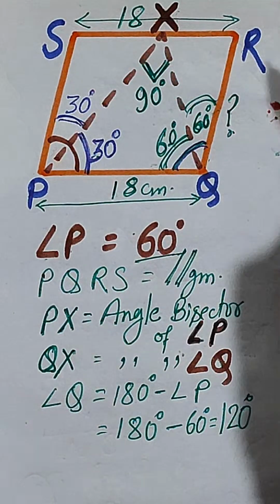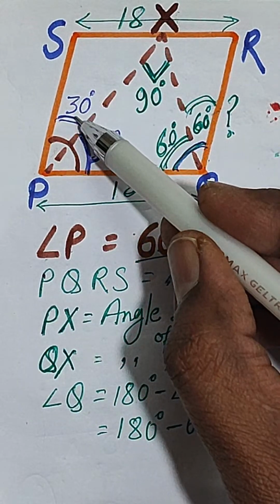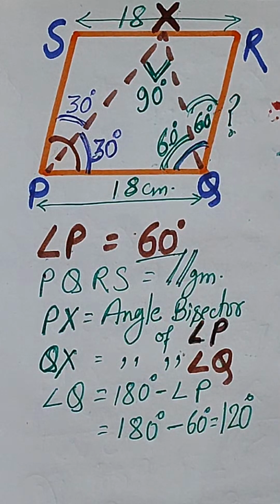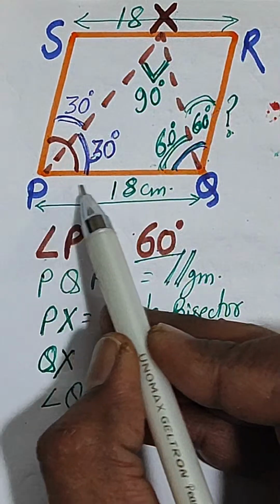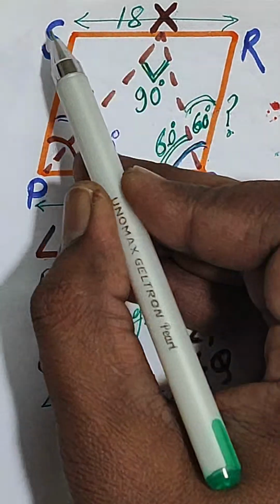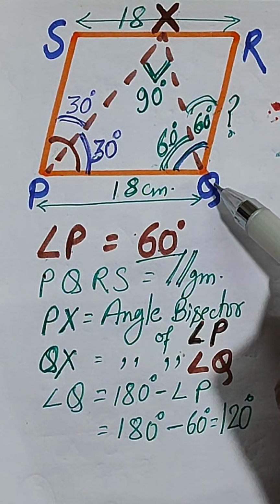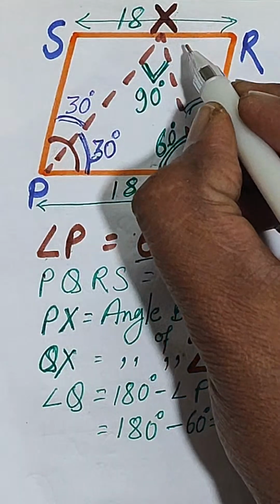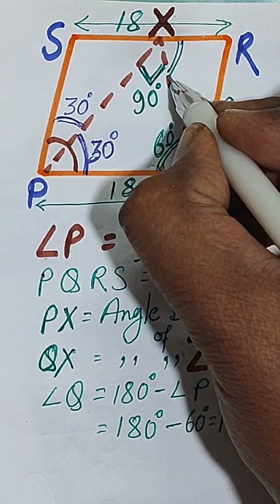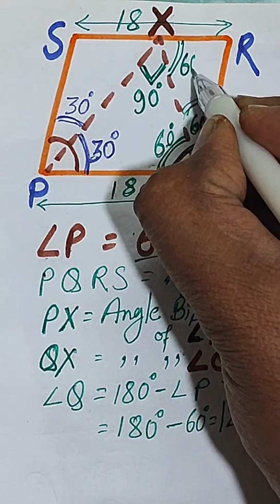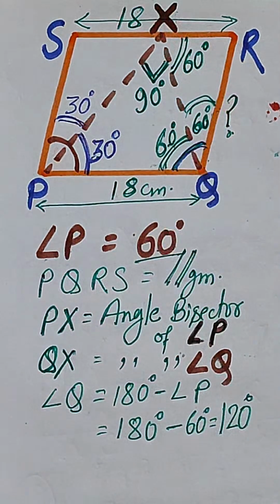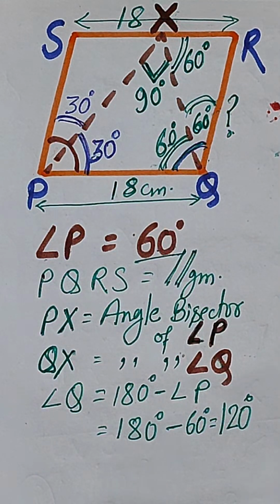Now, if this is 30 and this is 90, then if you treat SR and PQ as parallel, and XQ as transversal, then this angle will be equal to 60 degrees, isn't it?